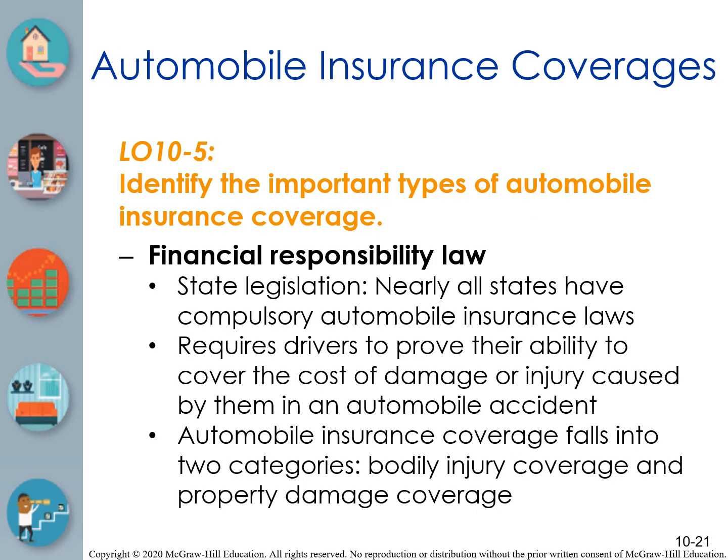So automobile insurance coverage. Moving from homeowners in general, we're talking about the same thing, but specifically now moving into automobile coverage. Identify the important types of automobile insurance coverage and the financial responsibility law, state. Insurance and all other financial activities, if you will, are regulated at the federal level, but more specifically, it's typically the state's responsibility to regulate the financial industry.